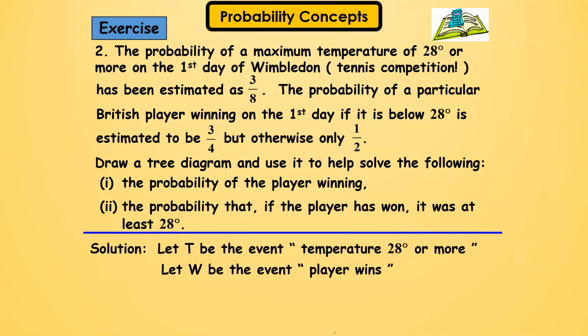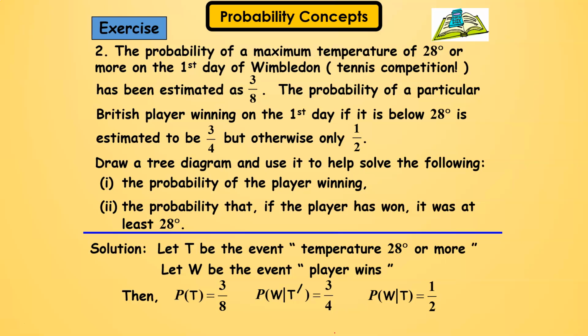So first thing is the two events: the temperature will be 28 or more, or whether the player wins or not. So the probability of it being 28 or more is 3/8. The probability that the player wins given it's under 28 degrees is 3/4. Given that the temperature is 28 or over, the probability that the player wins is 1/2.